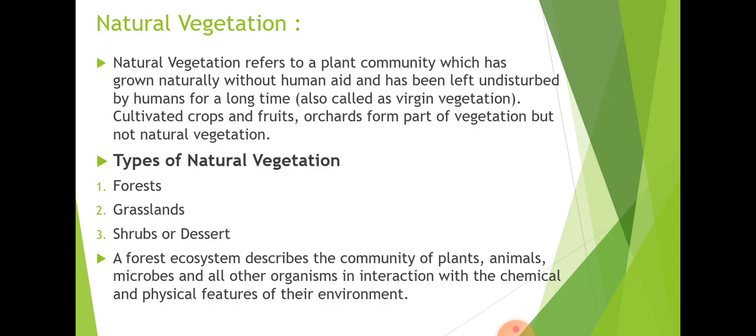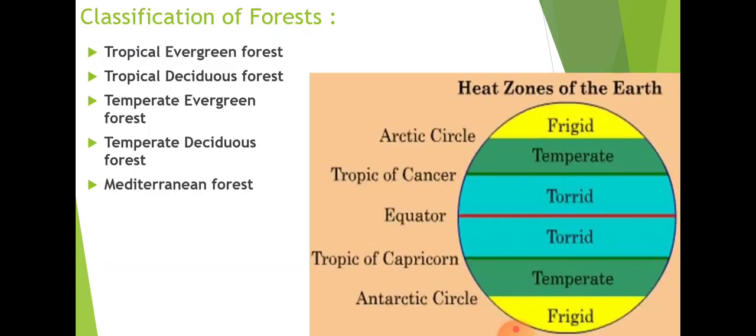Now let us see all the topics one by one, starting with the division of forests and on what basis the forests are divided. First, let us see the picture that I have pasted on the PPT, the different heat zones of the earth.